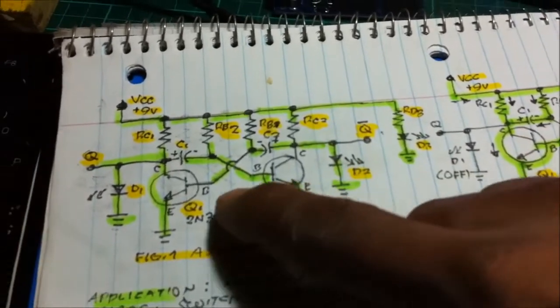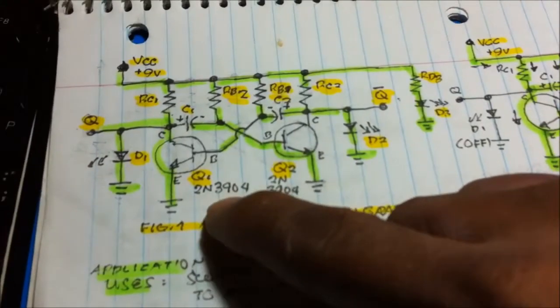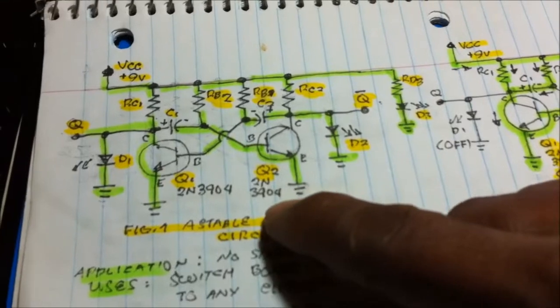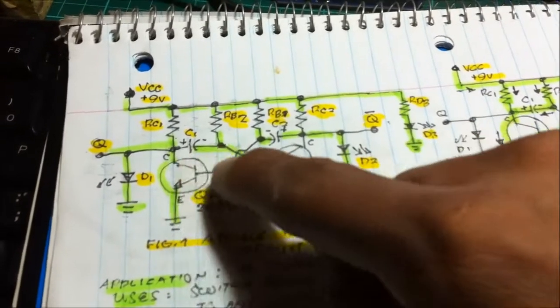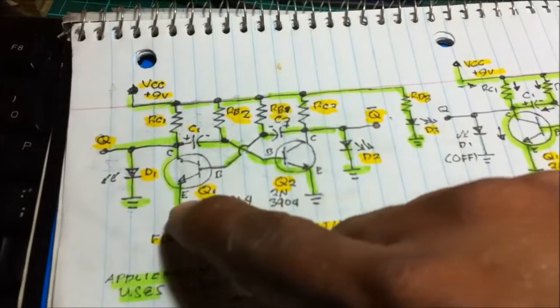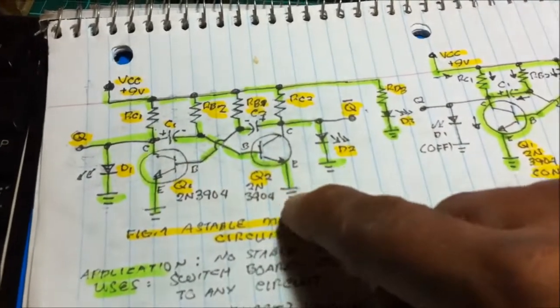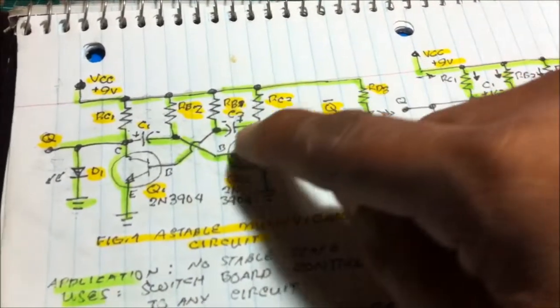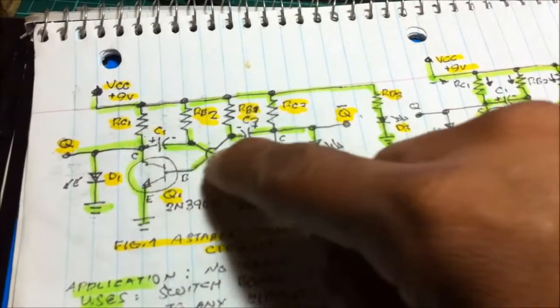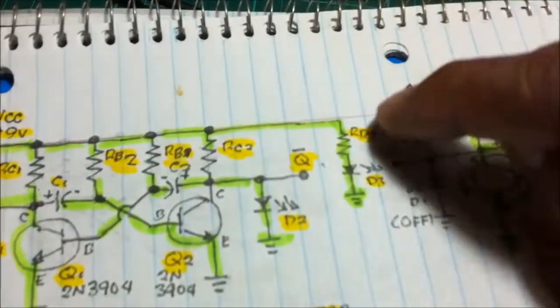We have Q1, transistor 1, 2N3904, Q2, 2N3904, connected via capacitor, the output of the Q1 connected to the input of the Q2. Collector resistor, base resistor, coupling capacitors, resistor.